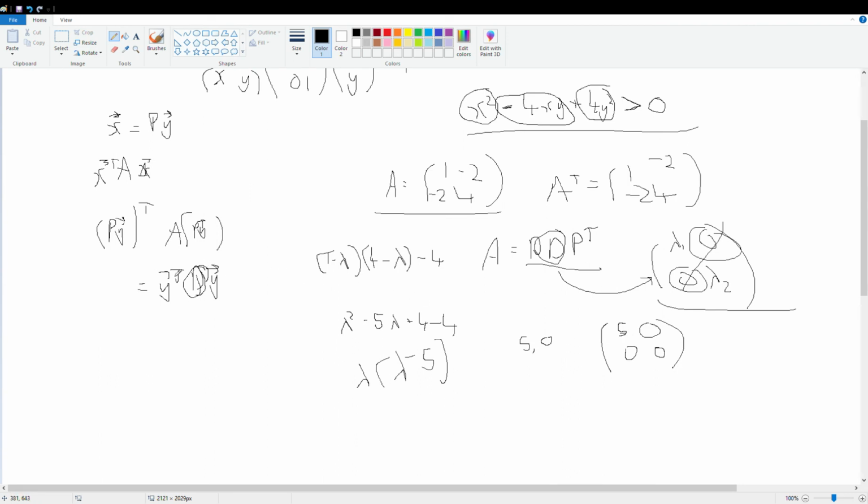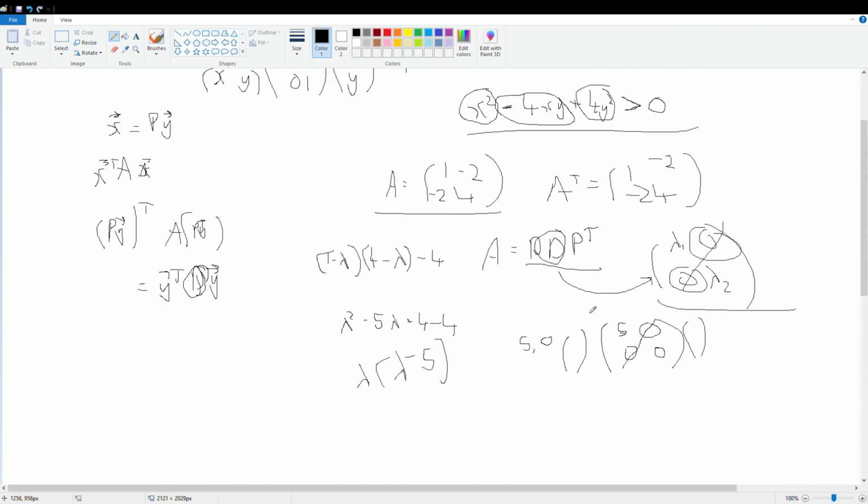And before we even calculate what our normalized eigenvectors are, we notice something: we've removed the middle terms. Now that's quite important, because once we put our vectors in, we're no longer going to have a middle term.